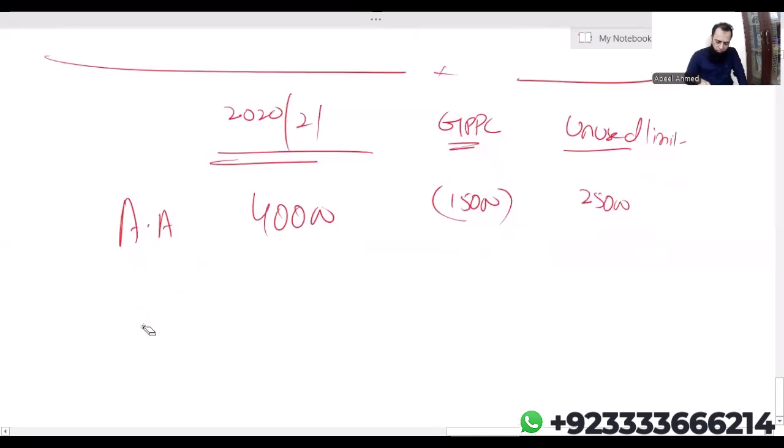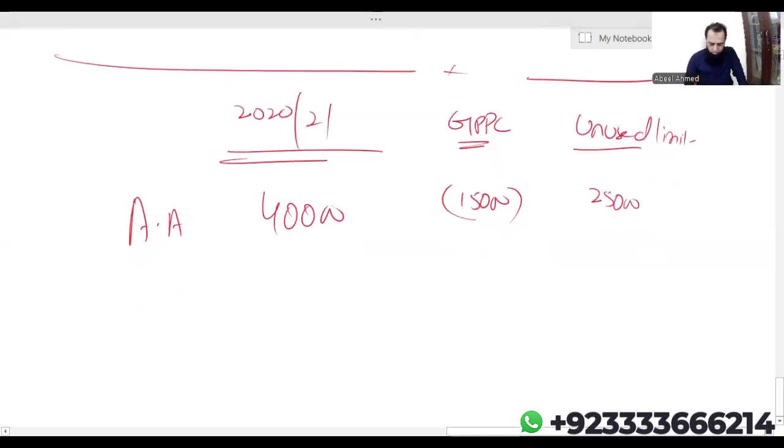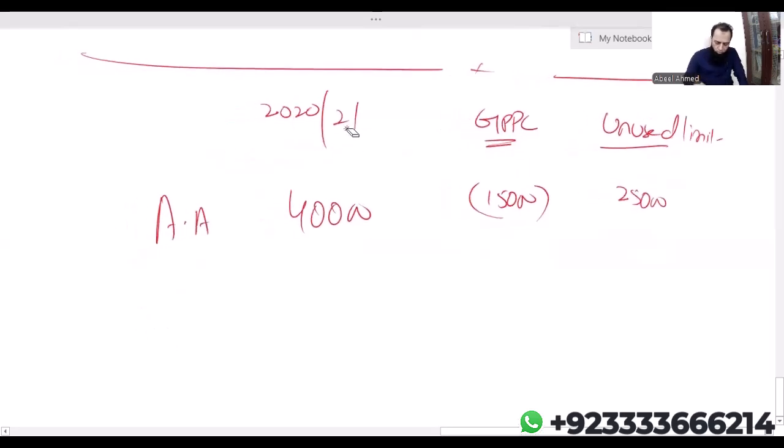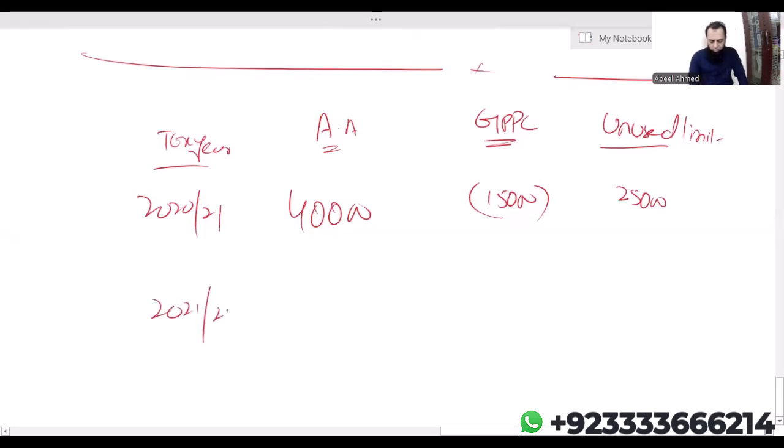Now this is the scenario. Let me make it more valuable. In tax year 2021-22, the annual allowance is 40, and let's say this individual has contributed 30. Unused is 10,000.